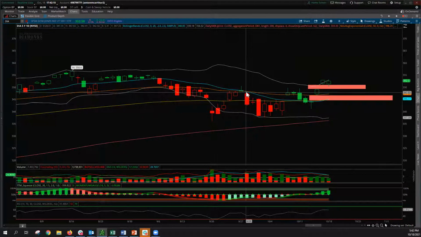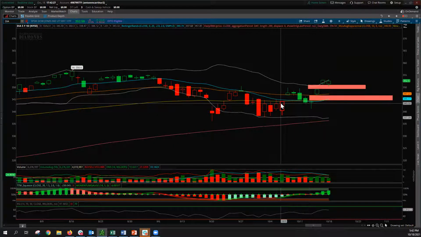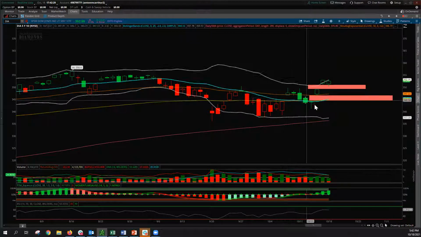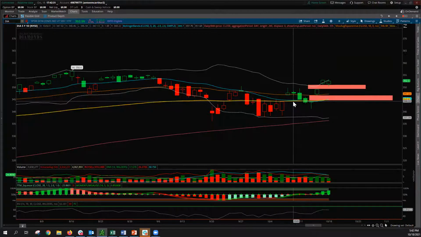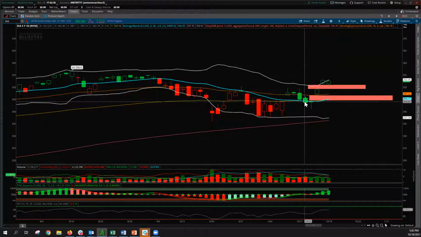That gap is considered filled because we gapped up into it and filled it here, which was here. And then now that created this gap, dropped all the way down, create this gap, dropped all the way down, filled that gap in 3 days. That was here, filled it here.